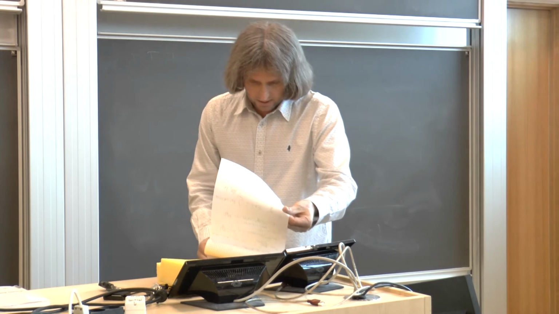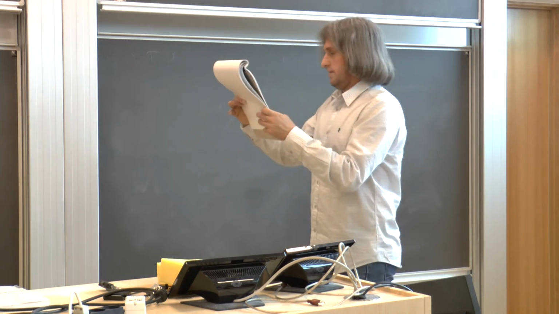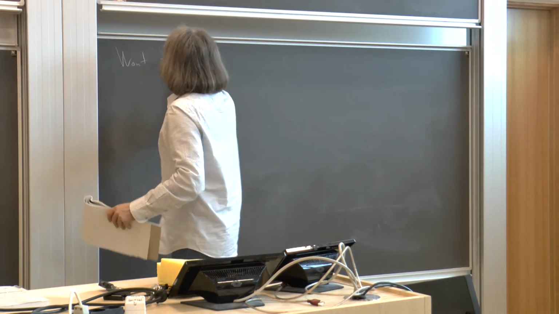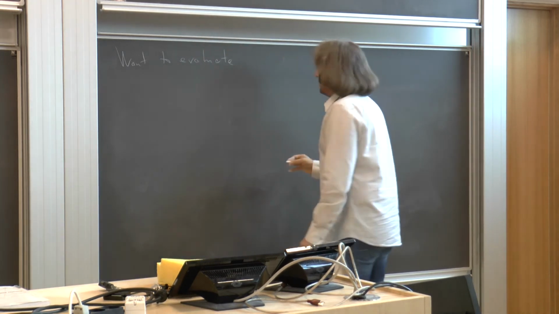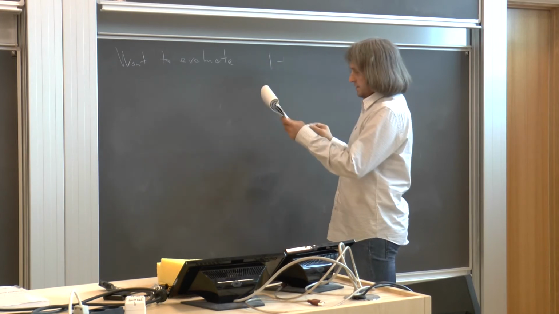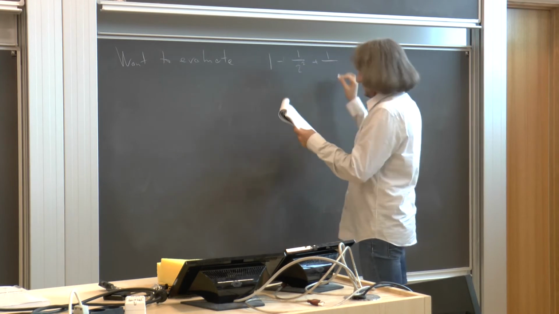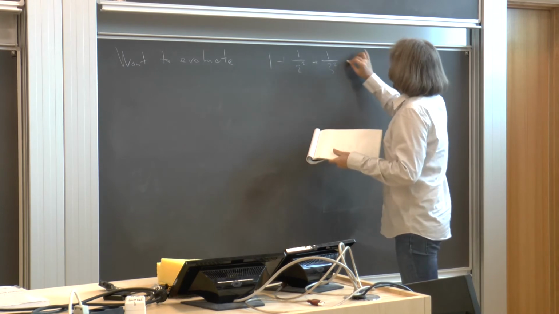Certainly it's the one from the book. So we want to evaluate, let's say, 1 minus 1 over 2 squared plus 1 over 3 squared minus and so on.